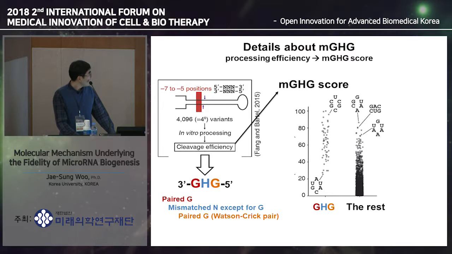But this efficiency can also be presented as an MGHG score. As you can see, many sequences not included in the GHG motif still have a high efficiency. So it is more reasonable to use the MGHG score rather than a binary definition of GHG or the rest.